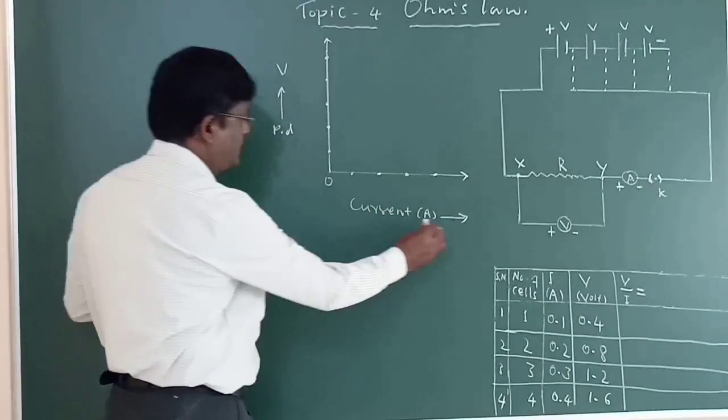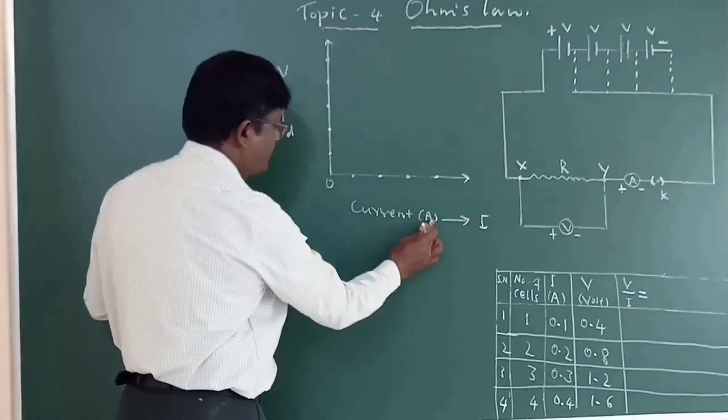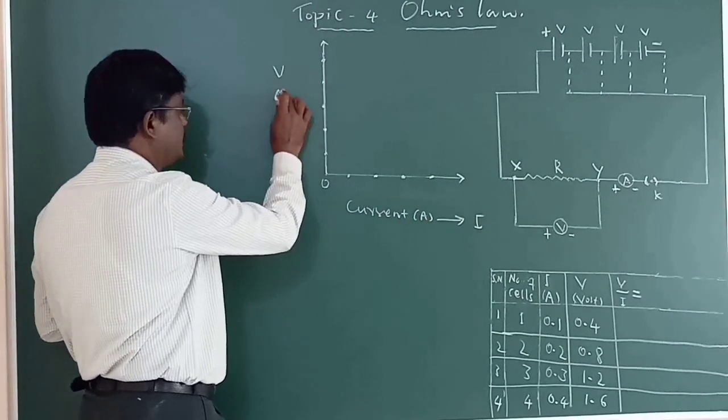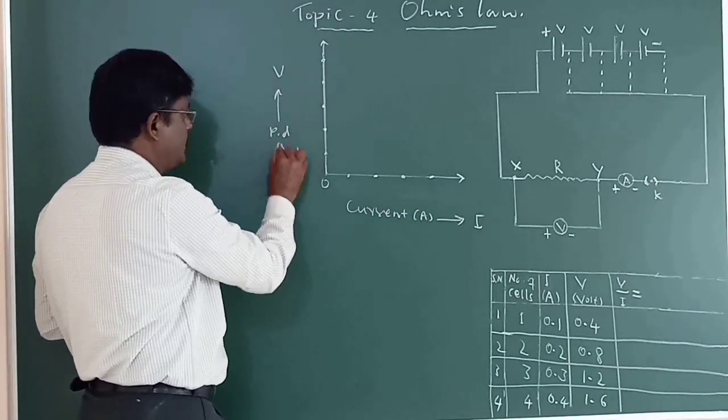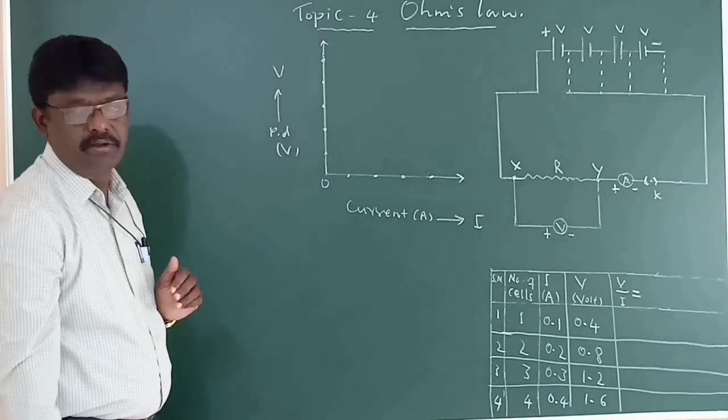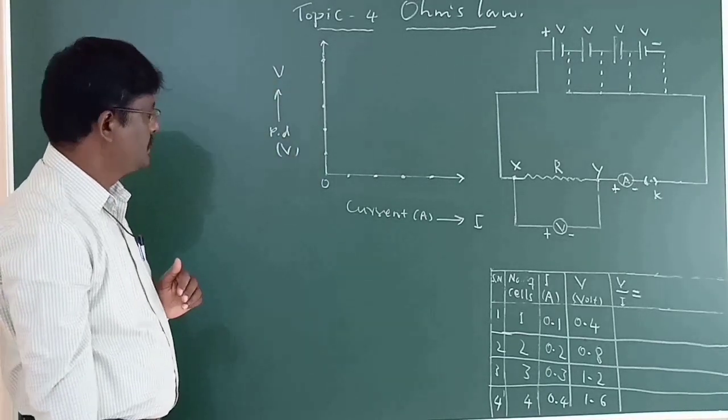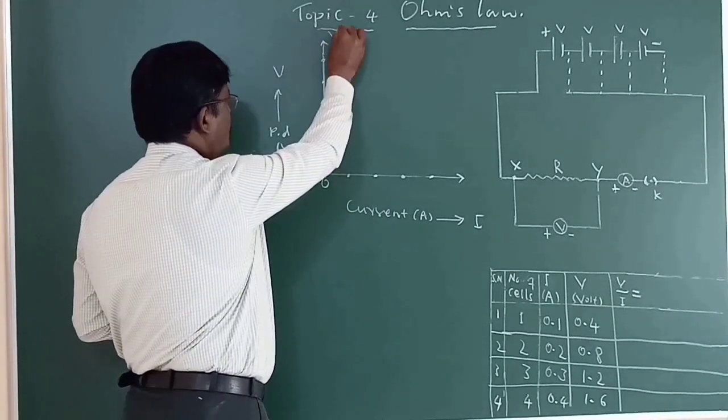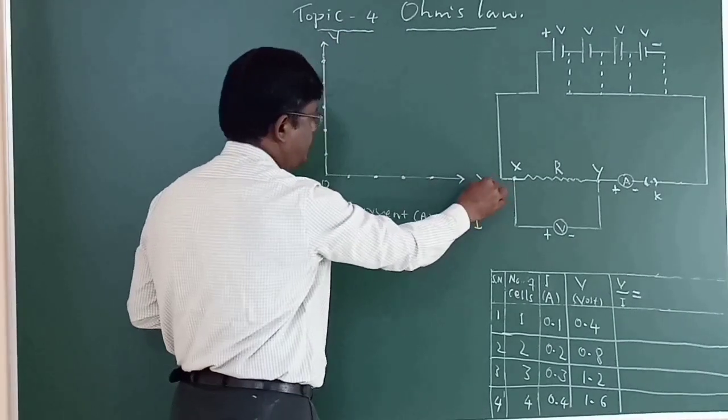This is the current I measured in ampere, and the potential difference V in volt. Okay, so this is the y-axis and x-axis.